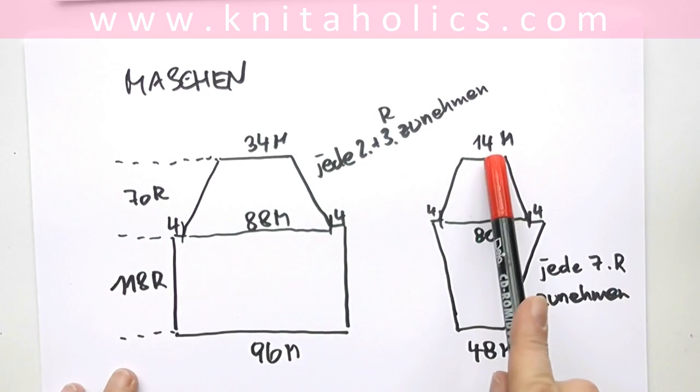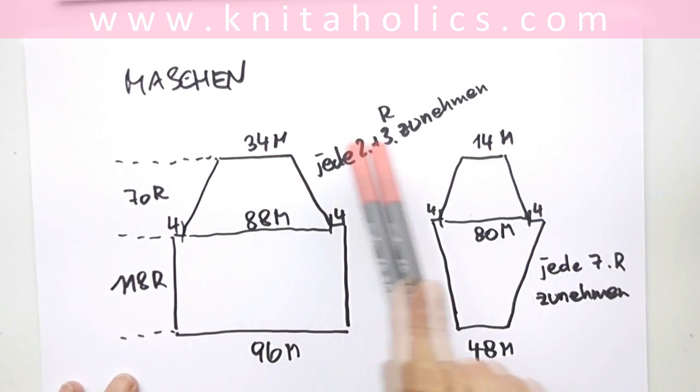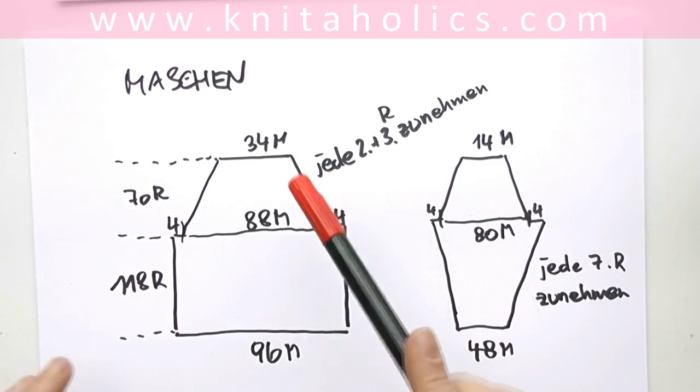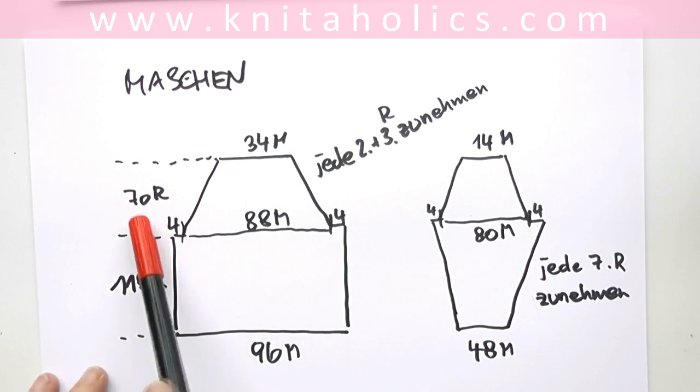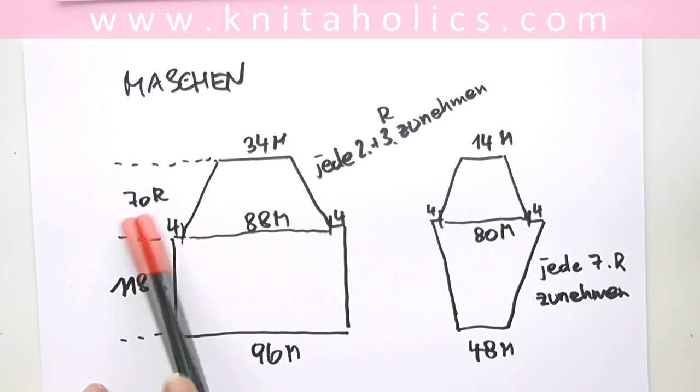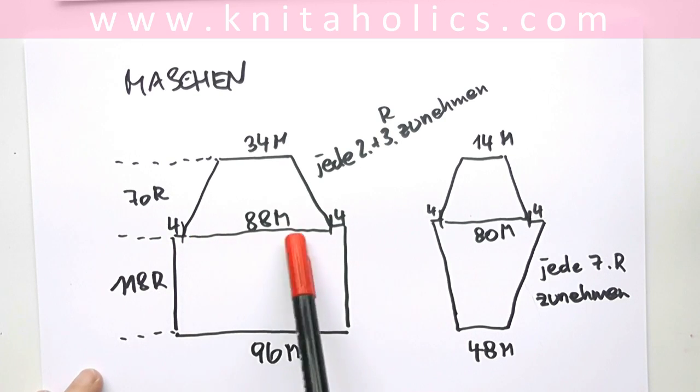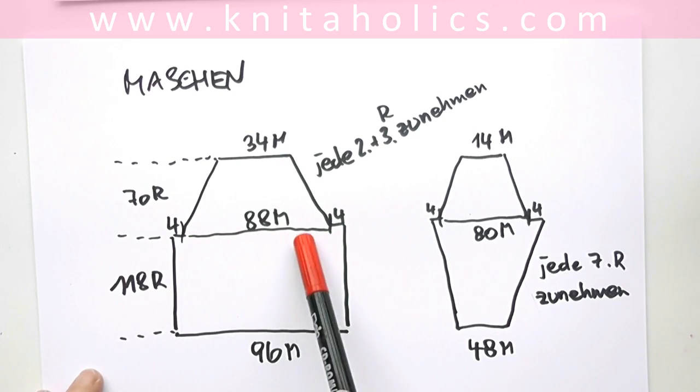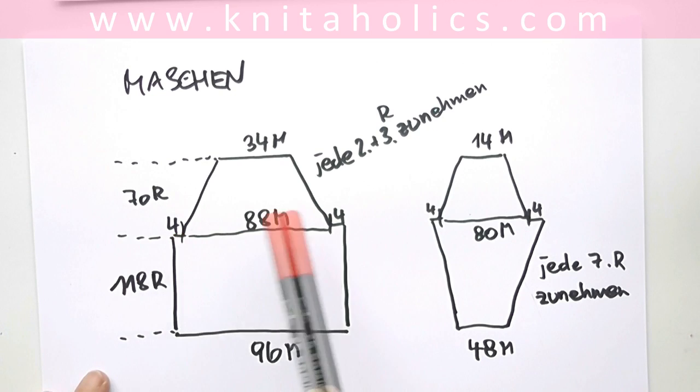Now you clearly see the cast on stitches, 30 for the front part, 14 for the sleeve, and again for the back part and for the second sleeve. The raglan part roughly 70 rounds high, and the chest circumference 88 stitches.